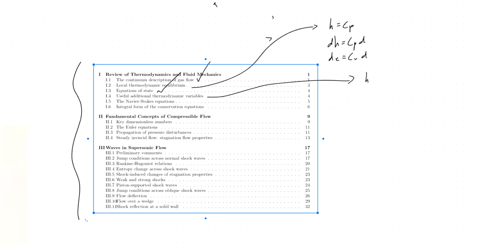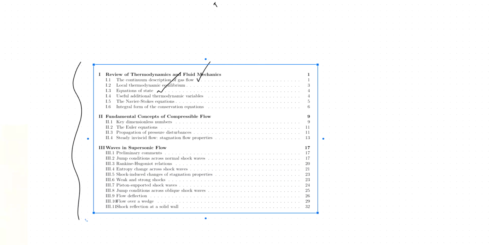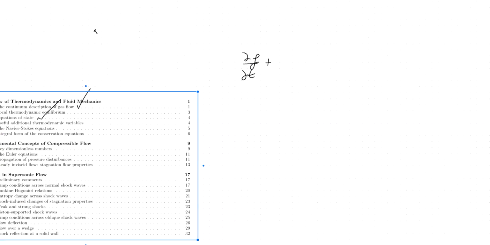But first of all, we're going to do rho_t plus gradient dot rho u equals 0. And this one has another form, d rho dt plus gradient, so it's going to be rho v.